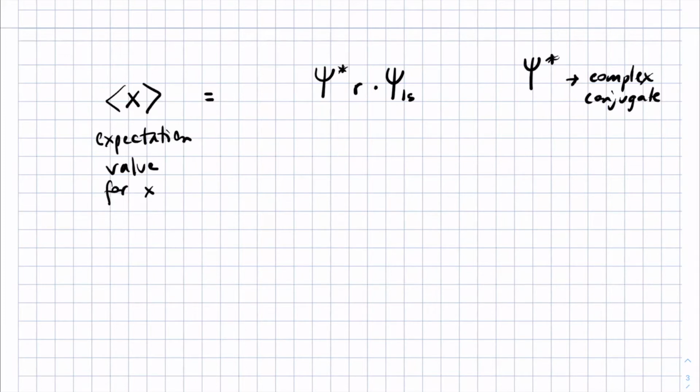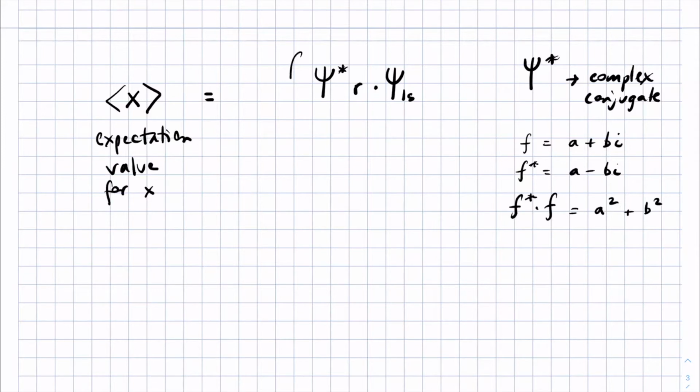For example, if a function equals a plus b times the imaginary number, its complex conjugate is a minus b times the imaginary number. So that when you multiply the complex conjugate by the function, you're going to get rid of the imaginary parts. If I missed a sign there or did the algebra wrong, I'm sorry, but the imaginary parts either subtract out or are multiplied by themselves and go away.